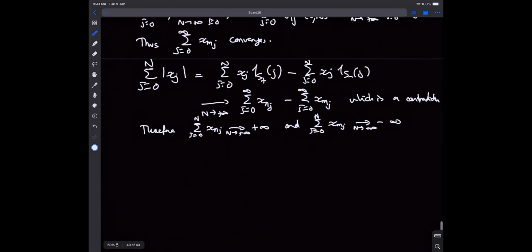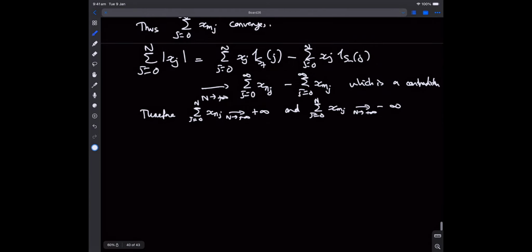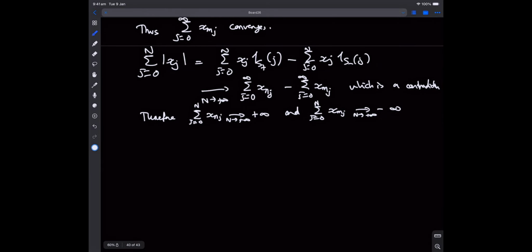Okay, now here is the key idea of the proof. When I'm going to construct my bijection, I'm first going to pick my pi_1, pi_2, pi_3 to be n_1, n_2, n_3. So I'm going to add positive terms until I get above the value x I'm trying to reach. And then what am I going to do?